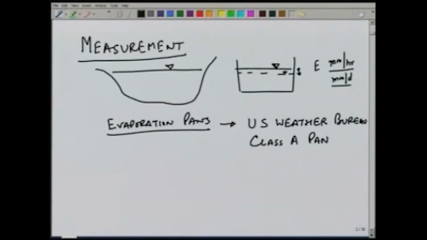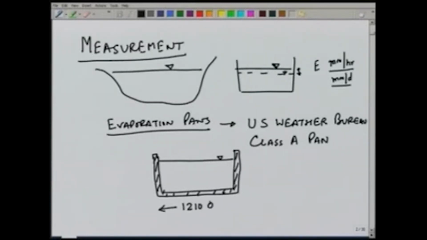The dimension of this pan: generally it is made of galvanized iron. Typically the dimensions would be a diameter of 1210 millimeter. So, this is a circular pan with diameter of 1210 millimeter, height of 255 millimeter.